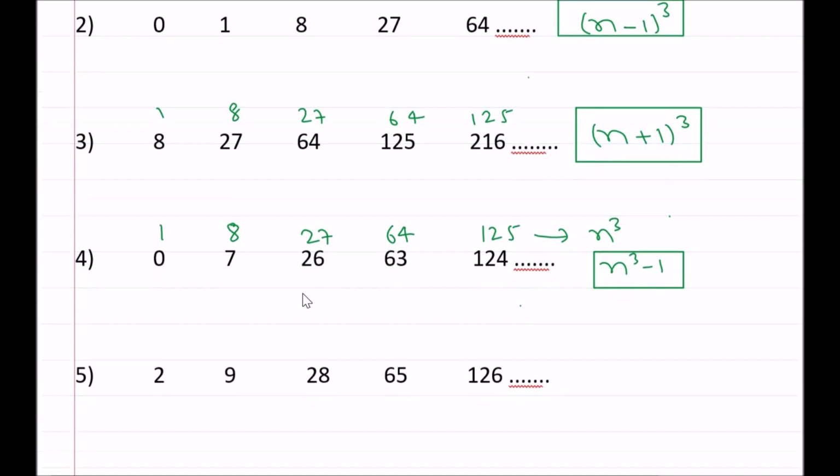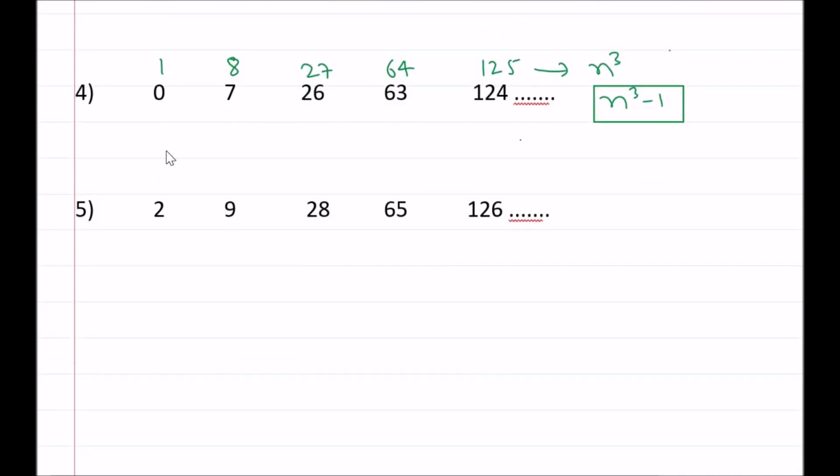Let us take the next one. Again, write the cube numbers here: 1, 8, 27, 64, and 125, and so on. And for this, it is n cube, we know. Now, what about this?